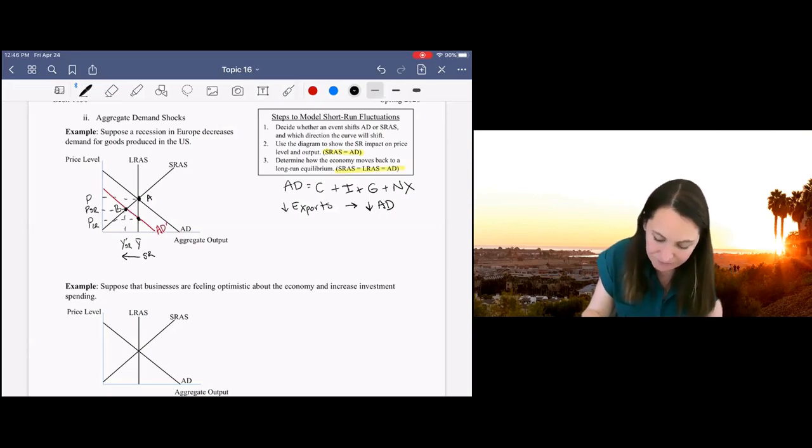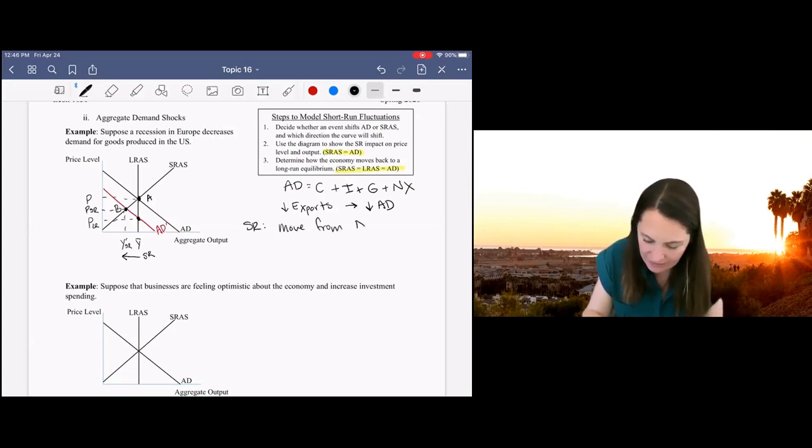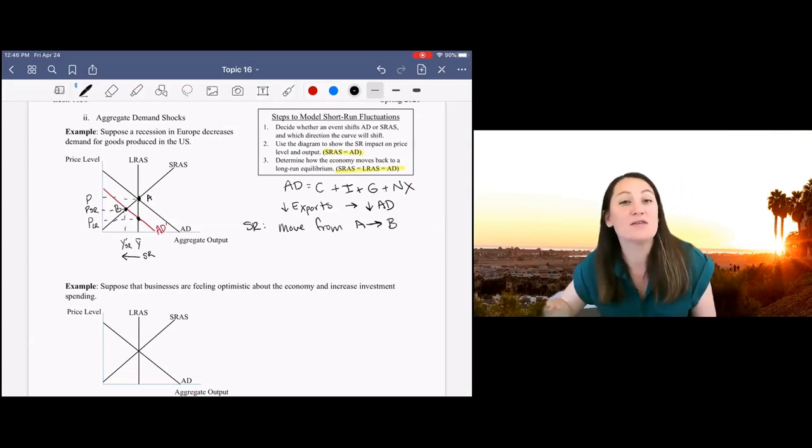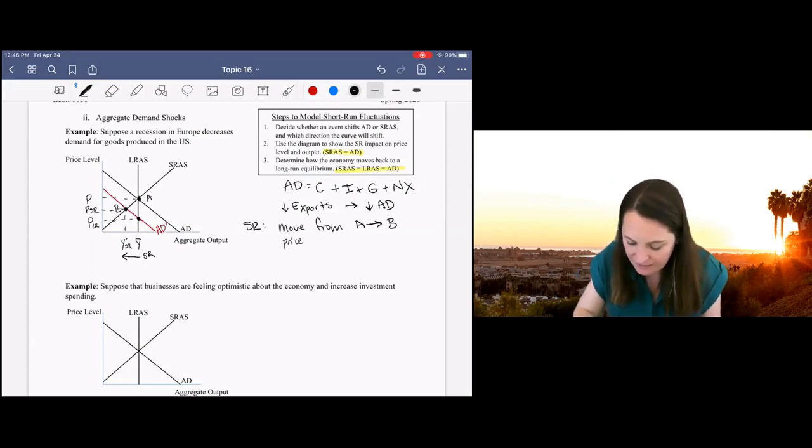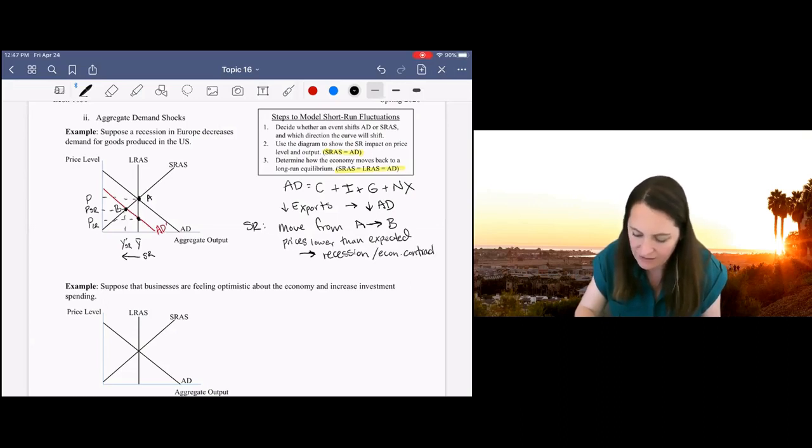In the short run, the economy would move from A to B, right, due to one of those reasons why short run aggregate supply is upward sloping. Price level was lower than expected, which would result in a recession or a contraction in the economy.